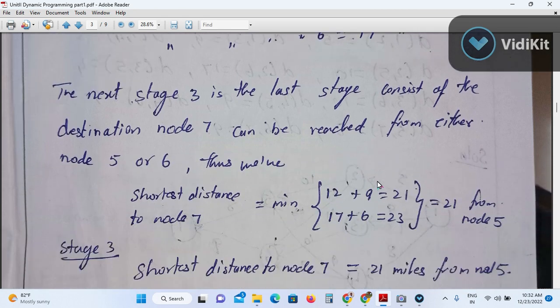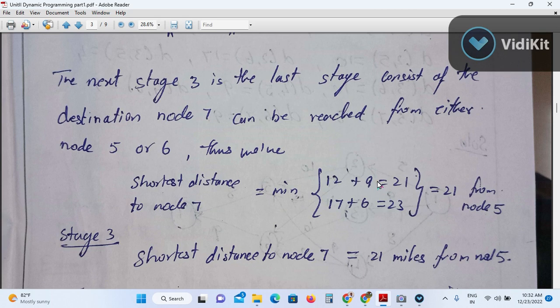So the next stage is to reach node 7. To reach 7, what are the possibilities? I have to take either 5 or 6 to reach 7. From 5, the shortest distance is 12, and from 5 to 7, the distance is 9. So adding 12 plus 9, it is 21.